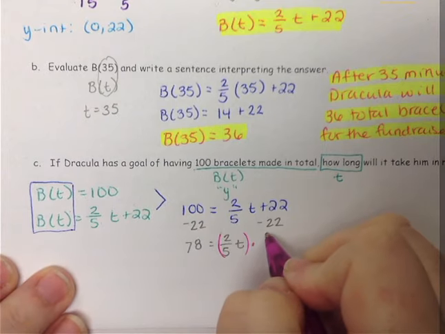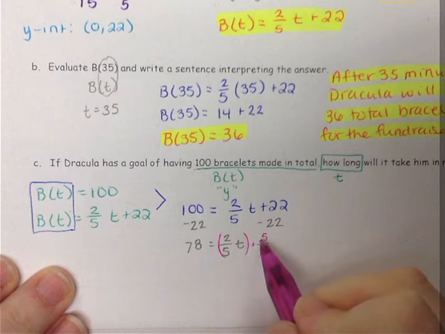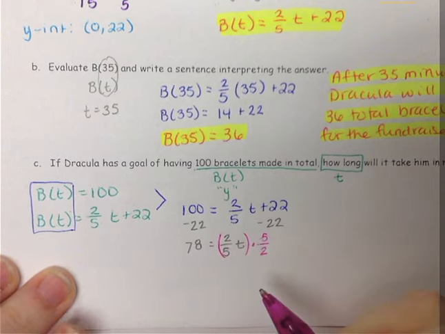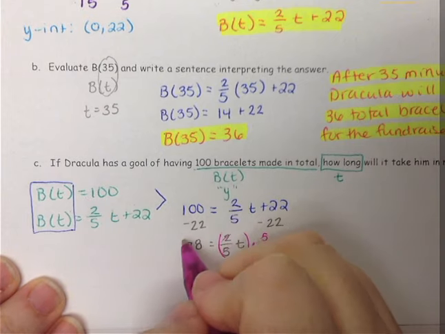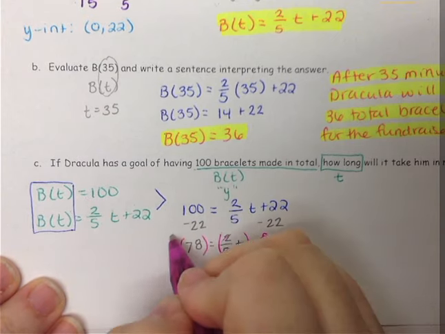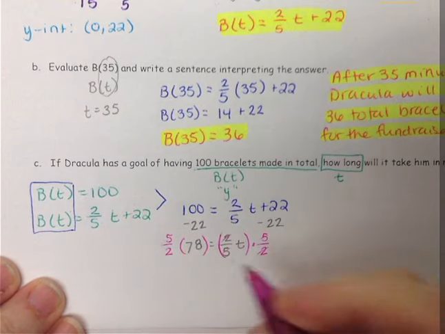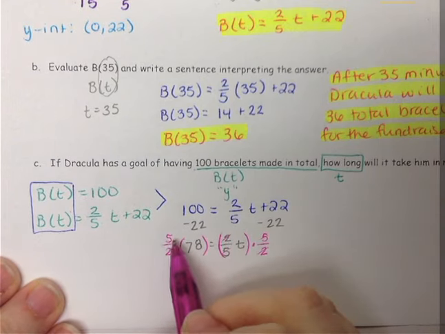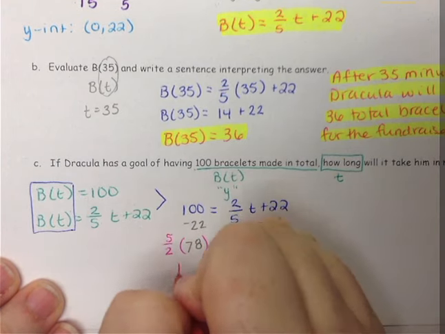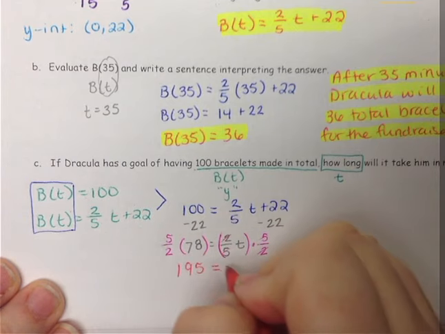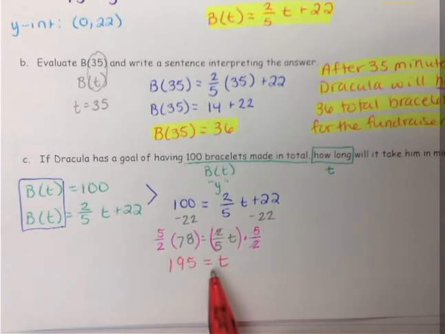If we multiply by 5 over 2, the 5 and this 5, because one's on top, one's on bottom, will end up canceling out because it's going to be equal to 1. And the 2 on top and the 2 on bottom will also become a 1. So we'll multiply both sides by that reciprocal of 5 over 2. So we'll have 5 times 78 over 2 will give us 195. And it will be equal to T. So therefore, this time, 195, again, is in minutes.